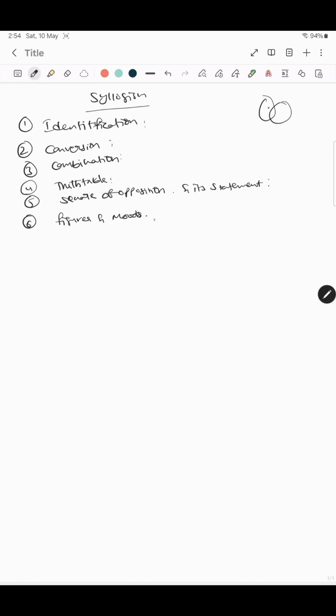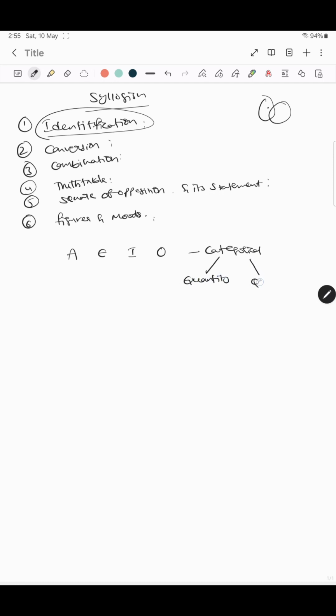So what does identification actually mean? We have AEIO as categorical propositions. These are called categorical because we have categorized them into AEIO, based on 2 things: quantity and quality.